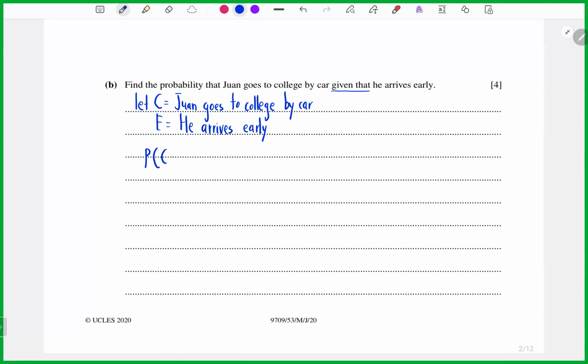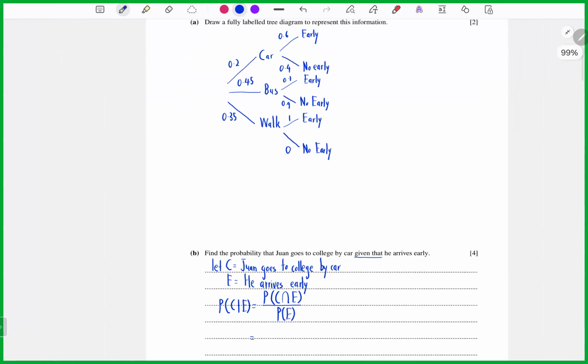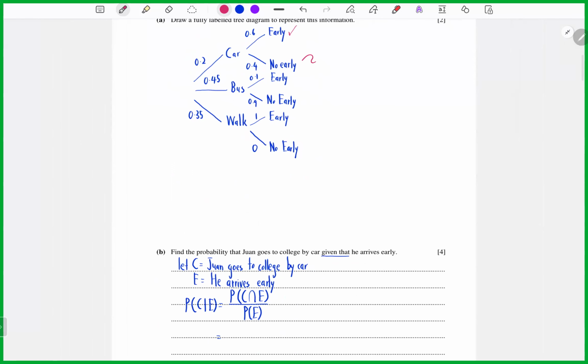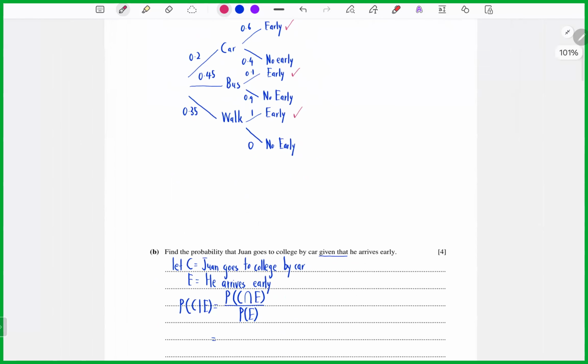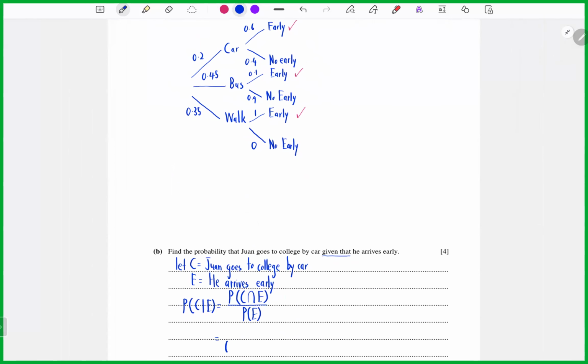So we can try to apply the formula here. P(C given E) equals P(C and E) over probability E. So you can take the probability for the early parts: 0.2 multiply 0.6 plus 0.45 multiply 0.1 plus 0.35 multiply 0.1.